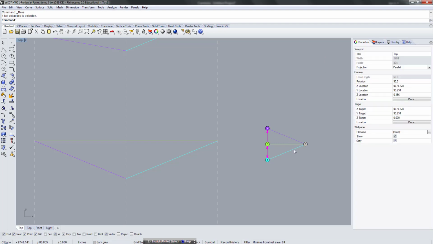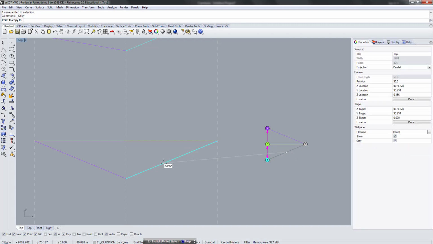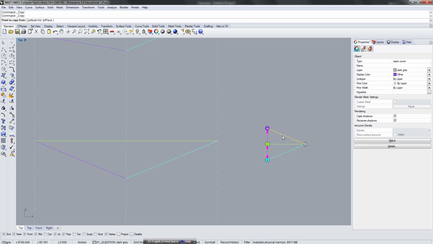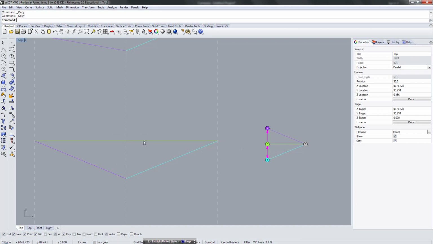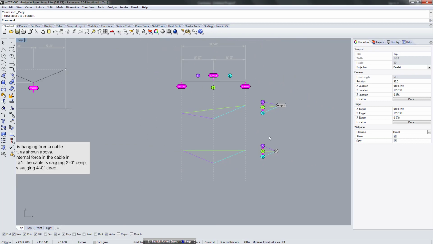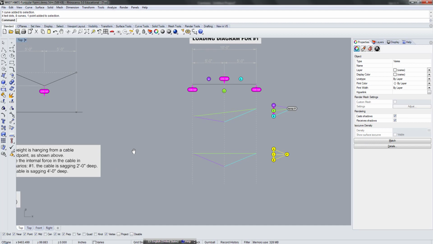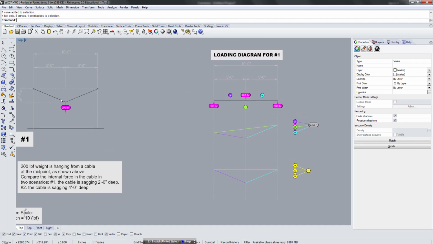So now we have the force diagram that completely matches our force polygon here as well, right? The two lines are parallel, and the top closing line is horizontal. So basically that is the force diagram representing the force of the cables in here.